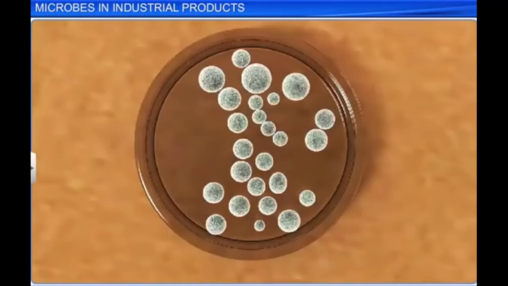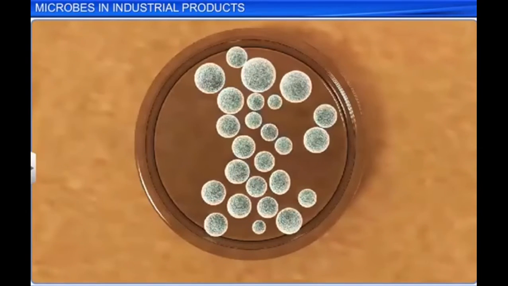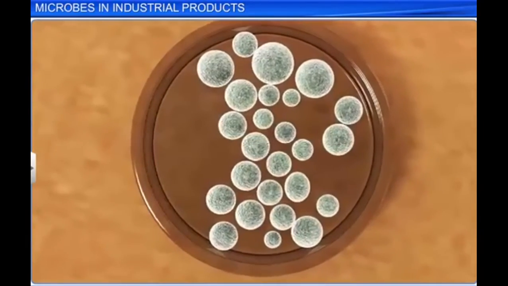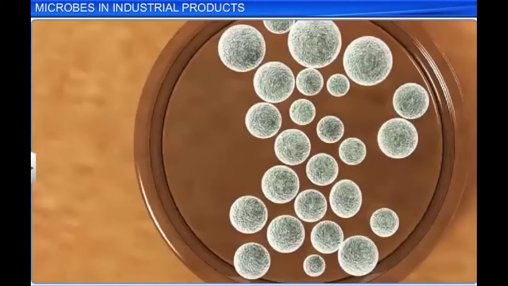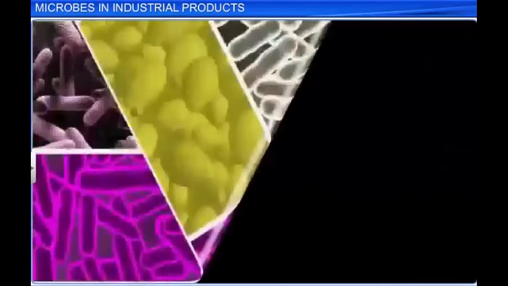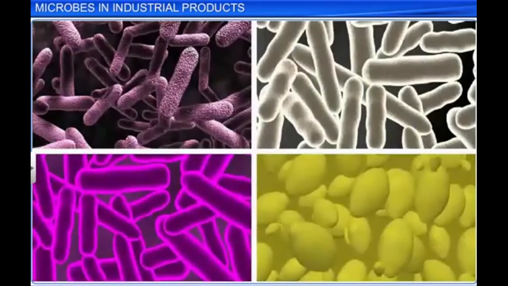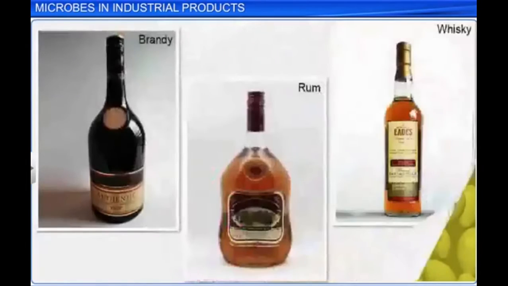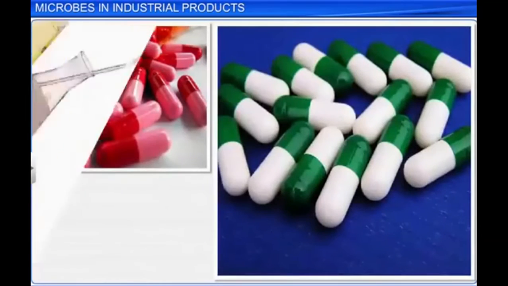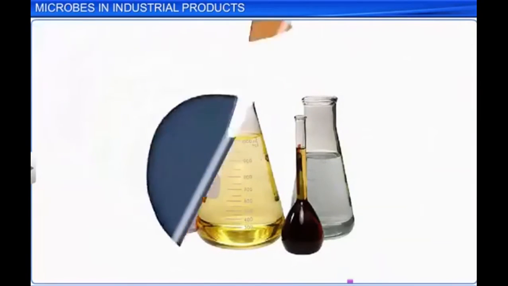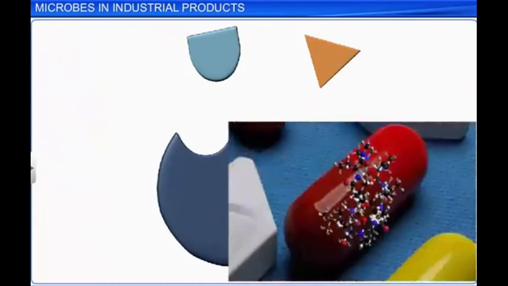Lastly, bacteria and fungi are also used in microbiological cultures, where they are grown on nutritive solutions and allowed to colonize so that they can be studied. Therefore, microbes such as bacteria and fungi play an important role in the production of alcoholic beverages, antibiotics, acids, enzymes, and other chemicals on an industrial level.